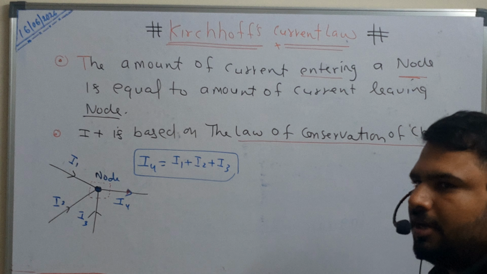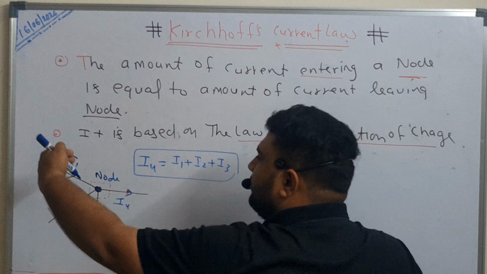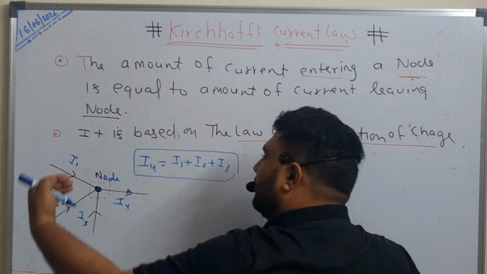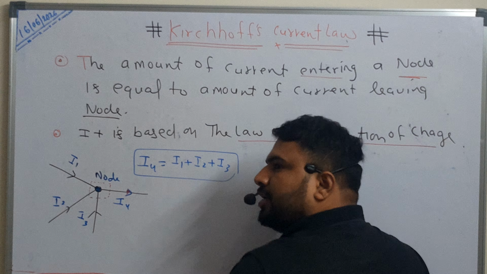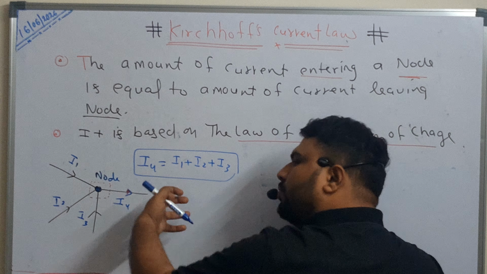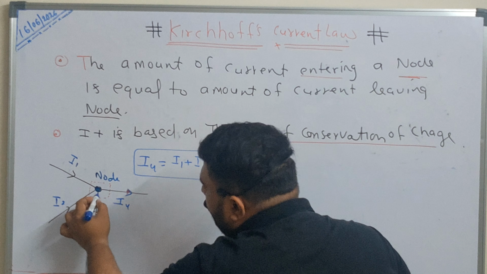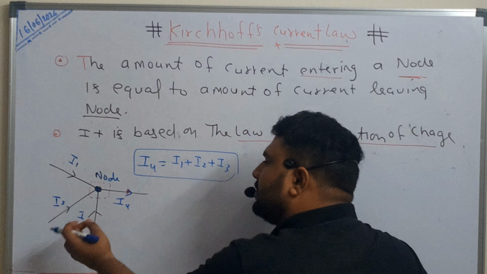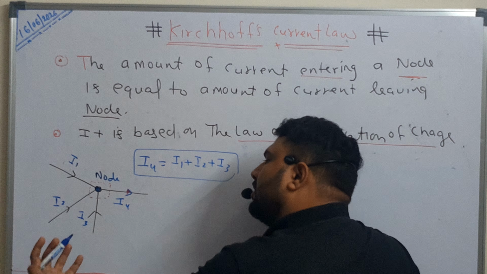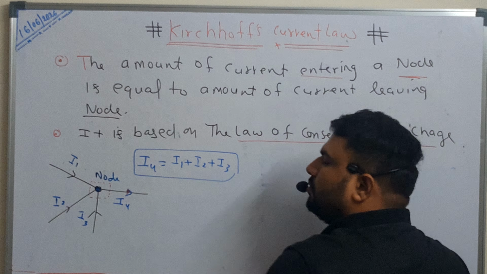Similarly, we can also say that current is nothing but the rate of flow of charge. Rate of incoming charge toward the node is equal to rate of outgoing charge from the node, and at this node point there is no accumulation of charge. That's why whatever charge is coming toward the node per second, that charge leaves the node per second.